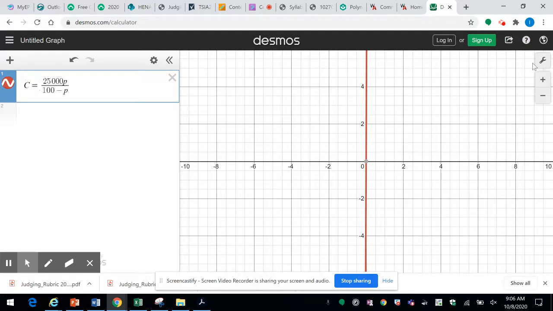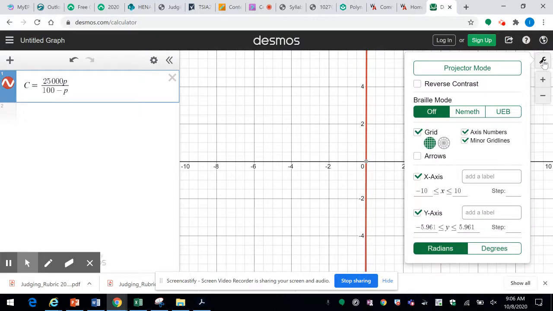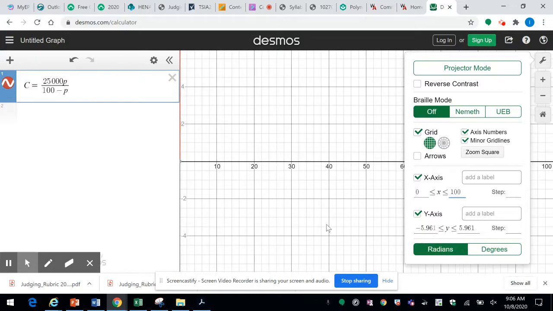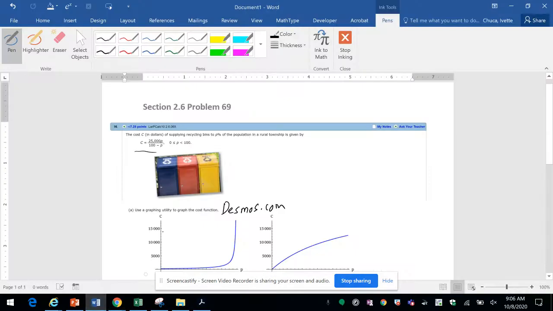So to change that, you can click on the little tool here. And then for the x-axis, I'm going to start at 0 to 100. I want to do that because the problem is asking me to focus on 0 to 100.